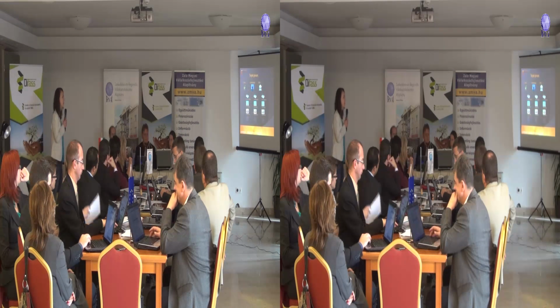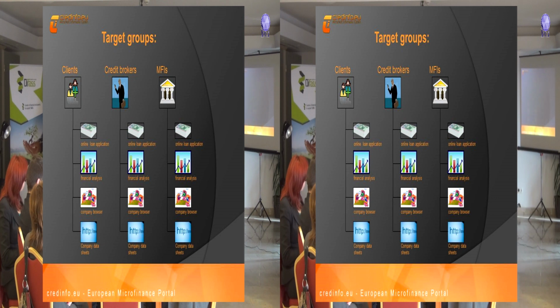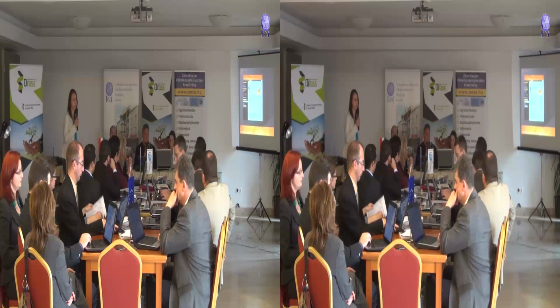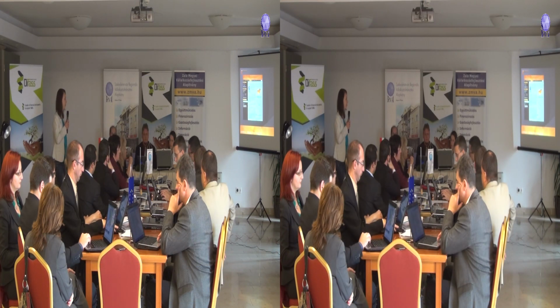There is a map and so on. And MFIs have their datasheet as well. So they can introduce themselves on the portal. They can give information on their microfinance activity and other type of services.